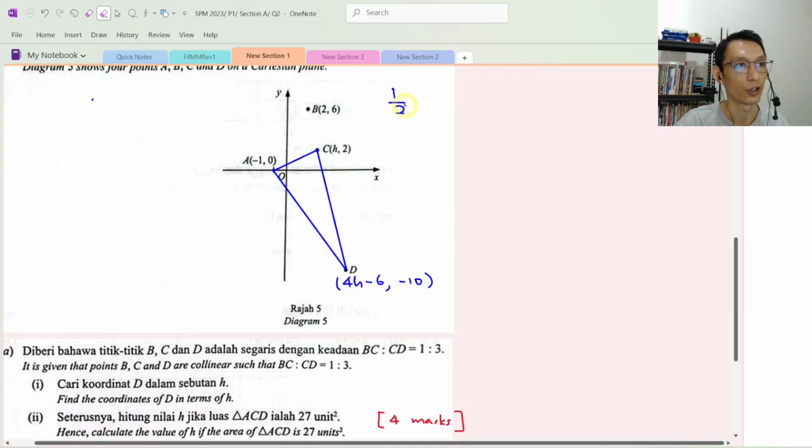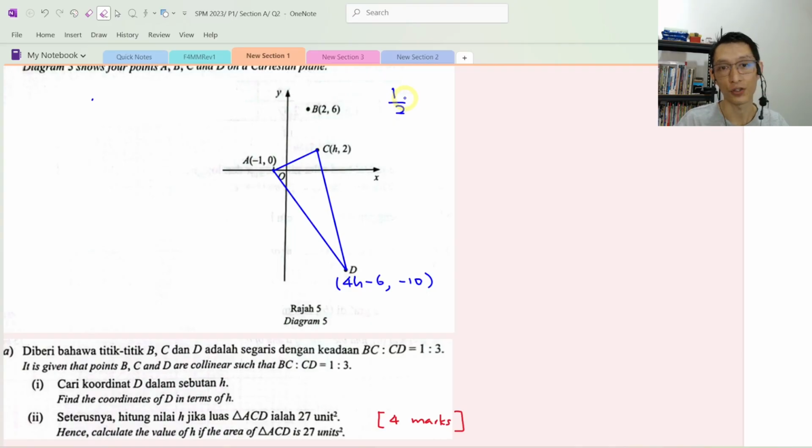With the shoelace formula, always start with 1 or 2. If you have 3 vertices, then we have 4 pairs, so the first pair and the last pair are the same. If we have 4 vertices, then we have 5 pairs. Always make sure the first pair and the last pair are the same.